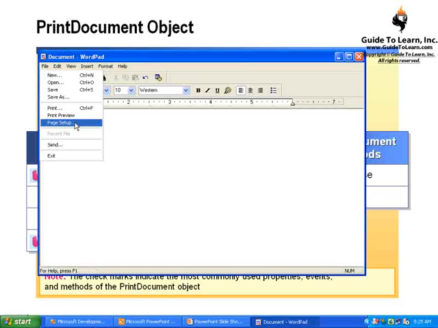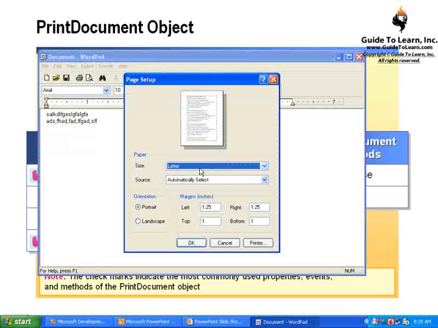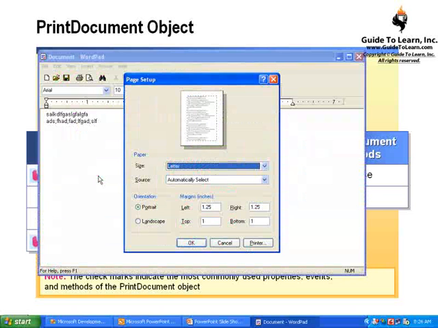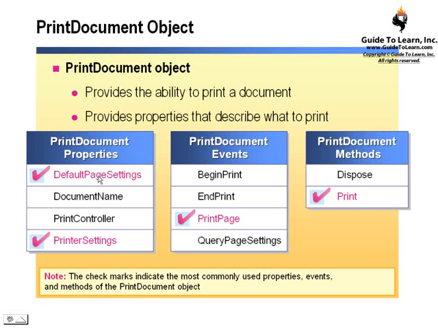If I click on page setup, all the information that you see here can be manipulated using default page setting. So you can do anything you do graphically programmatically. Of course, the document name and print controller can be changed, but you don't change those programmatically. You're just getting whatever the document name is, the information of the file.